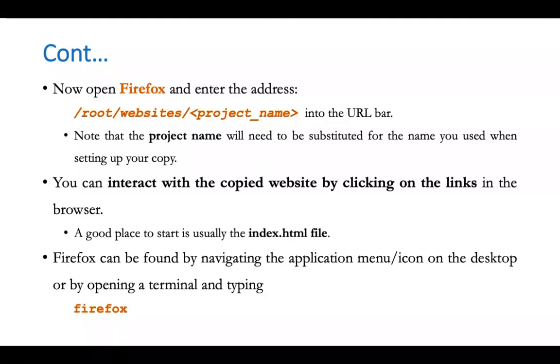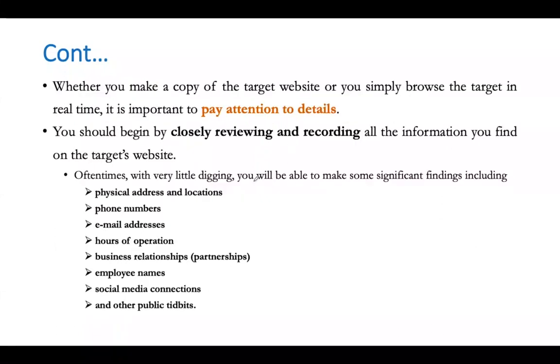Oftentimes, with very little digging, you will be able to make some significant findings, including physical addresses and locations, phone numbers, email addresses, hours of operation, business relationships, that is partners, employee names, social media connections, and other public information, so you can gather a lot of information by closely reviewing all the records.